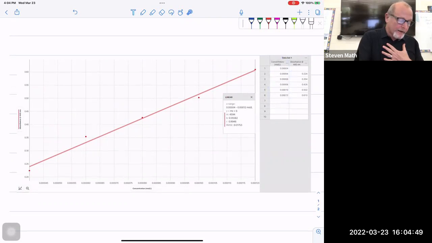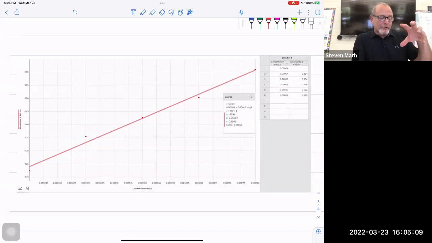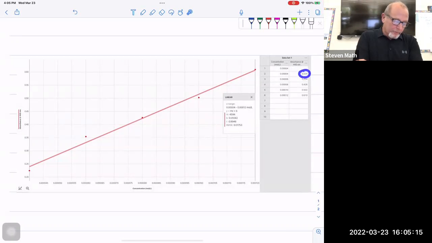I made different concentrations of 4, 6, 8, 10, and 12 molar. These are 10 to the minus fifths or sixths, I forget which. We measured those at a set wavelength of 445. My solutions were relatively red, which means we want to measure at the opposite color, a blue. And this told me the absorbance.